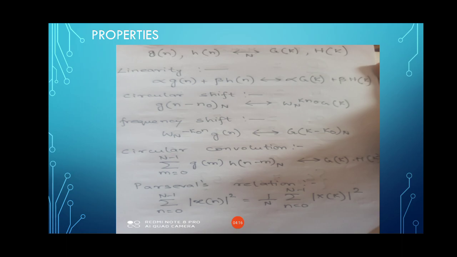The last property is Parseval's relation or Parseval's theorem. The proof I leave to you. Now we need to know how to solve circular convolution.